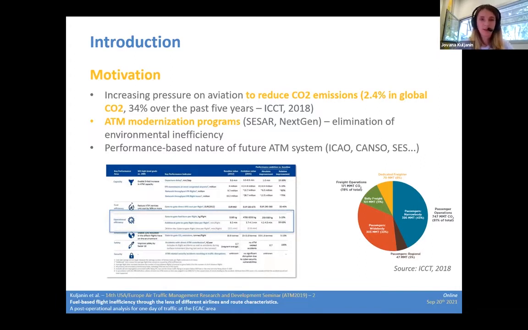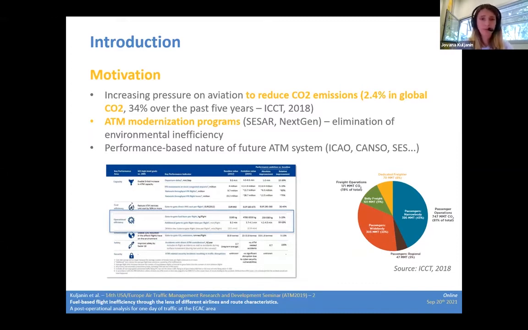However, the ATM modernization programs around the world, such as CESAR and NextGen, are trying to gradually eliminate the environmental inefficiency through different new concepts and solutions. However, the performance of these ATM solutions needs to be constantly assessed in order to close the gap between the actual and the high-level targets.